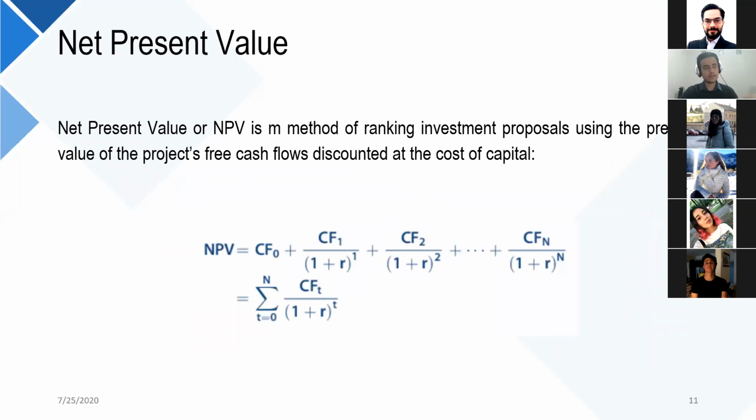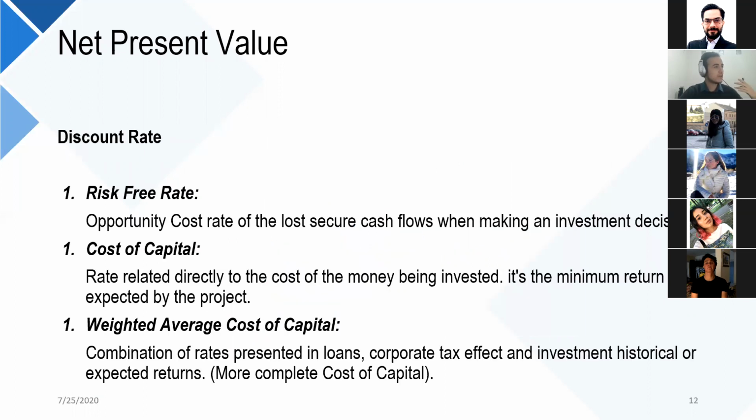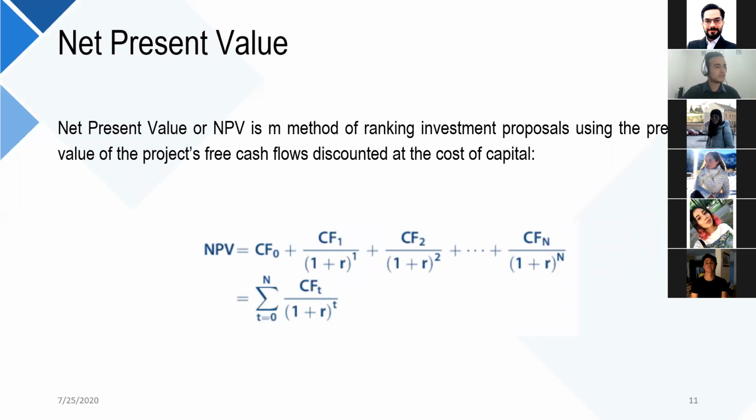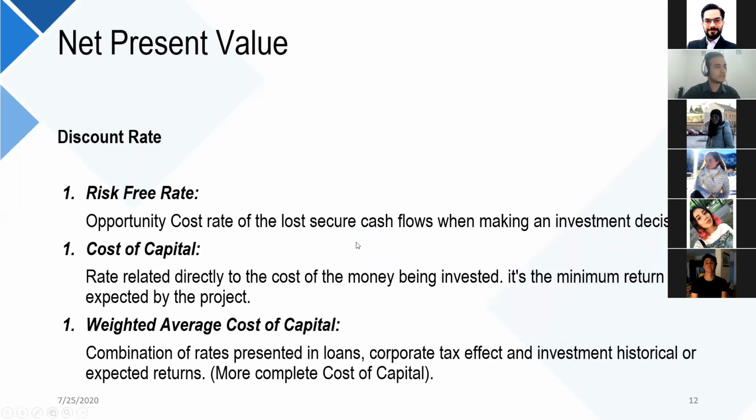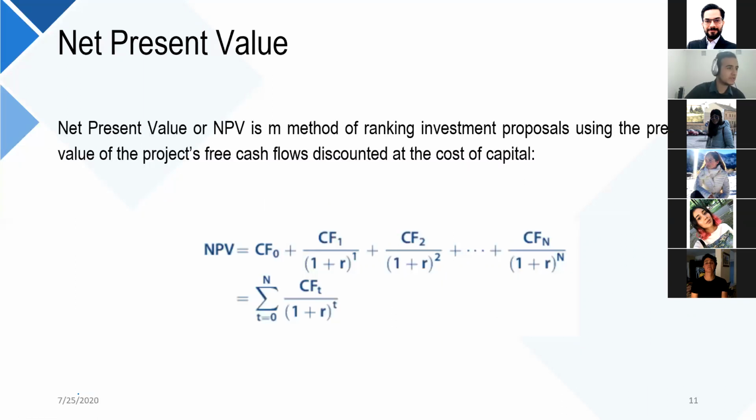I was explaining the time value of money, all of that, and then we were talking about a really important thing about net present value, which is the discount rate. If you take this, there are two things inside the formula. One is the cash flow, and this one comes from the financial statements. So this one you have completely figured out by now. And the other one is the rate.